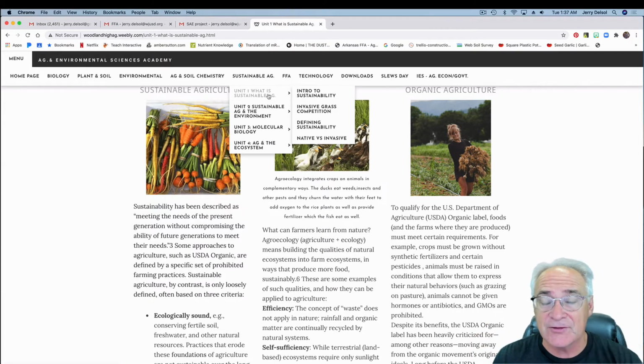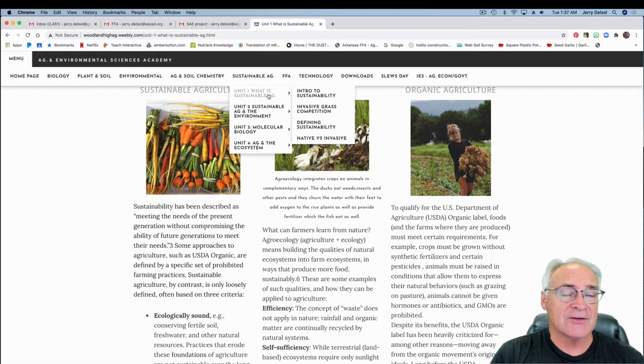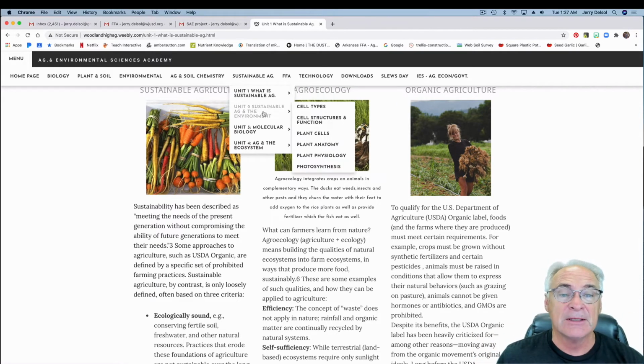So what is an invasive species? How do we control and maintain sustainability when a lot of other things are coming into our ecosystems? And then, of course, giving a firm definition of sustainability is another thing. We also look at native species as well as invasive species, and how to take care of the species that have already been here.